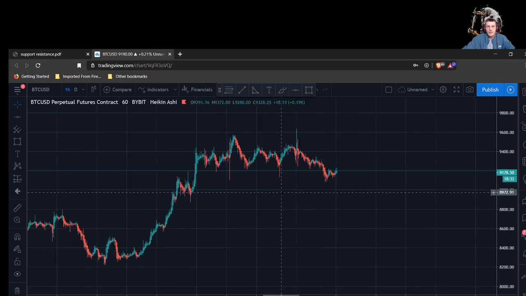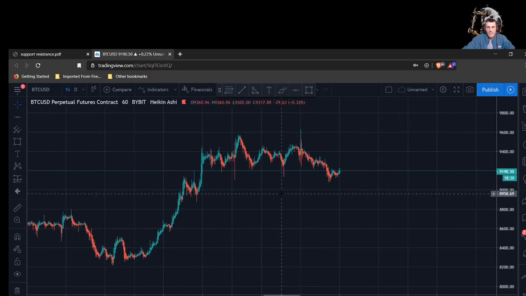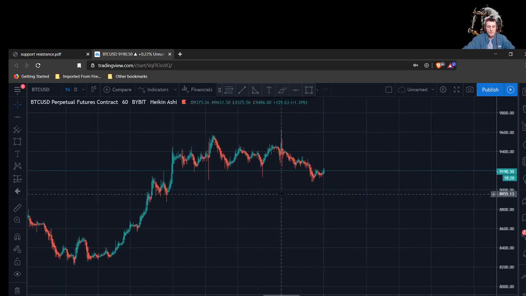And they can be complicated to use if you're not using them right. There are two ways you can draw trend lines. You can either draw using the wicks, or you can draw using the bodies.